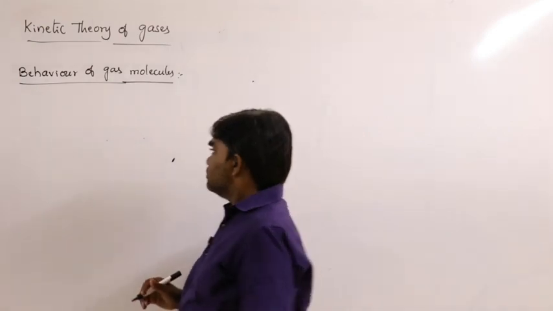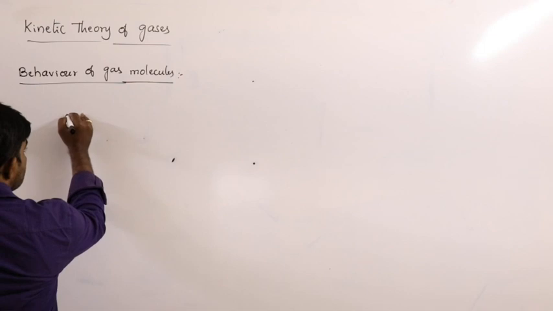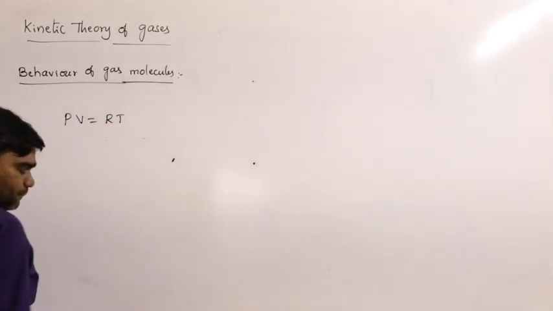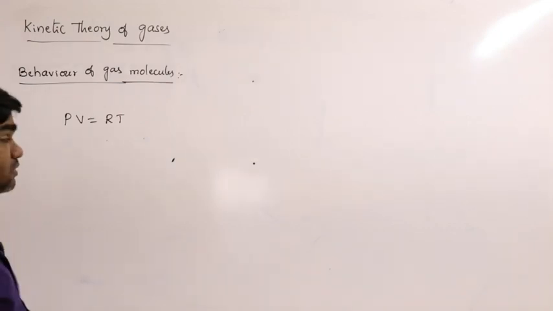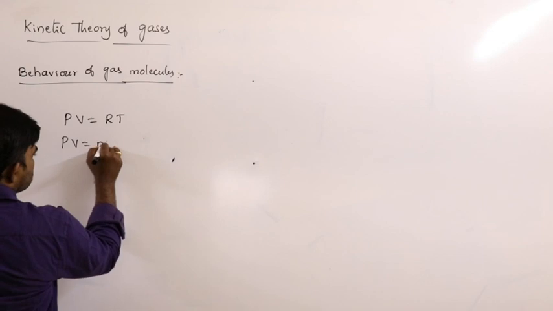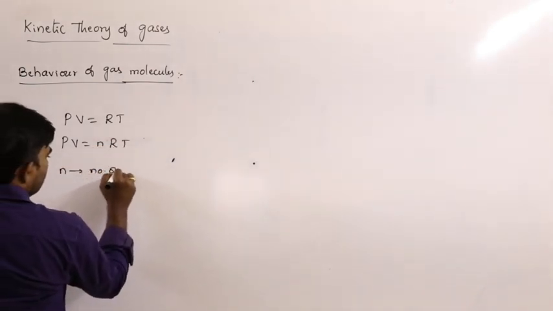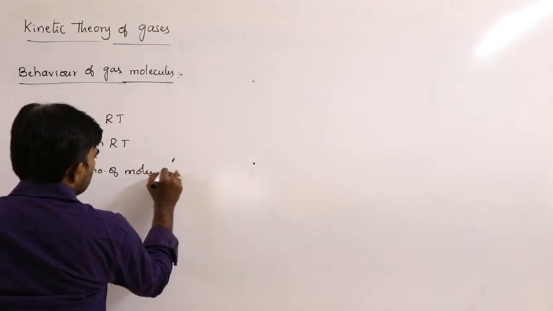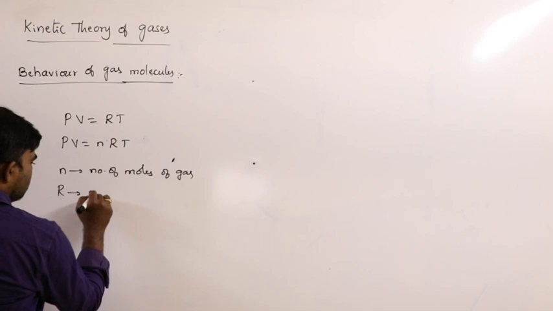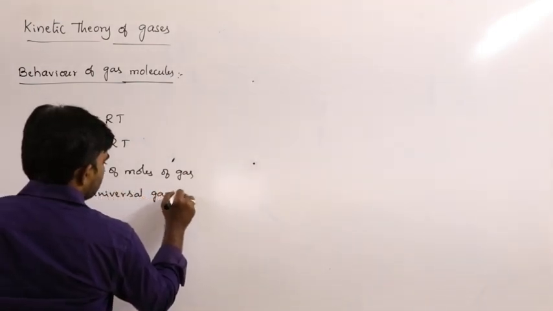But gas molecules obey some property. What is that? The ideal gas equation, PV equals nRT, where n is the number of moles of gas and R is the universal gas constant.